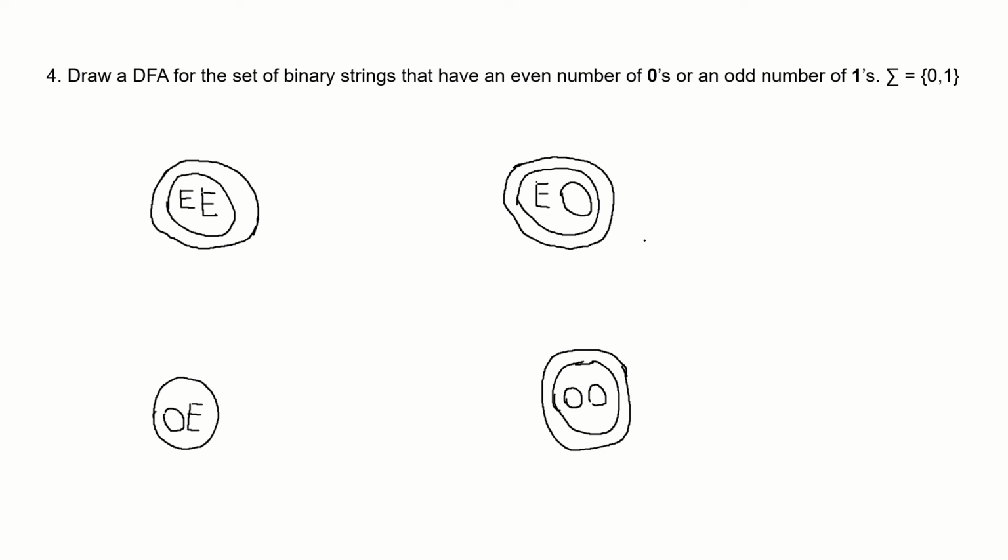And what will be the start state? That will be even 0, even 1. Why? Because at the very beginning, when we do not have any input, the number of 0s will be 0 and the number of 1s will be 0, and we know that 0 is an even number, right?